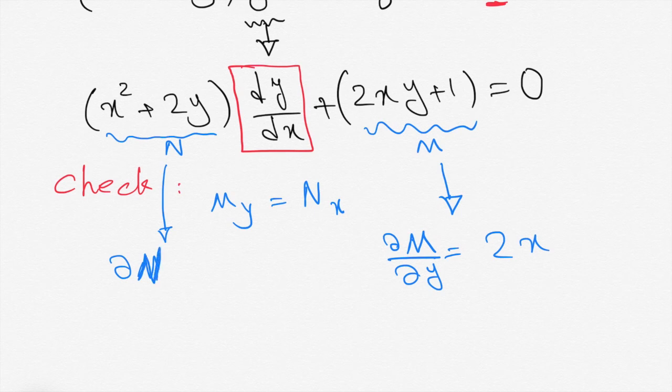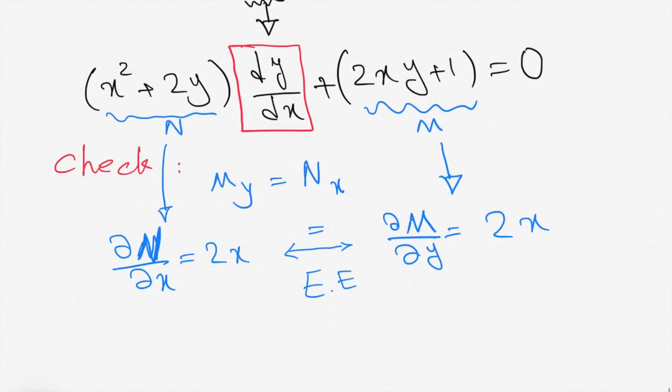It's the derivative over x. It's going to be 2x, right? And you can forget about the 2y part. Therefore, they are the same. Therefore, it is an exact equation.